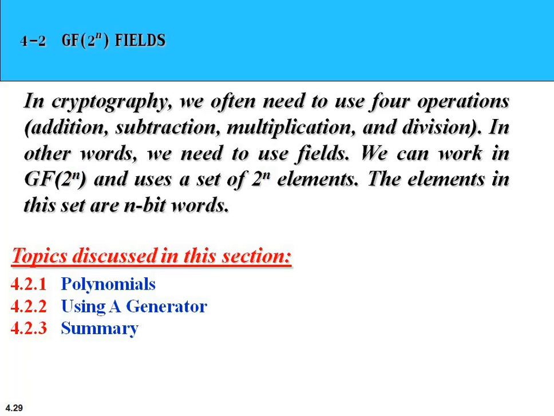So we will use GF 2 to the power n, with a set of 2 to the power n elements, and these elements are basically the set of n-bit words. So we'll see how these n-bit words are defined. First let us see what polynomials are, then how to use a generator for generating this 2 to the power n field.